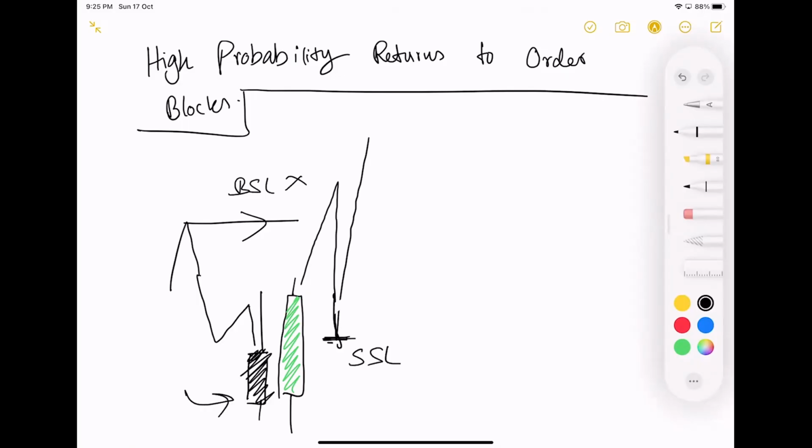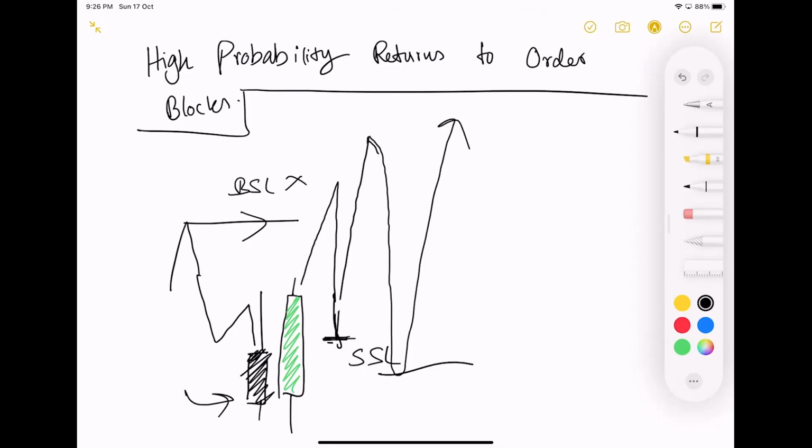Now, why will the algorithm want to move price without taking any existing sell side liquidity in the range? Because we understand that price moves from liquidity to liquidity. So on that basis, we can expect this to be traded through and then go up from here.